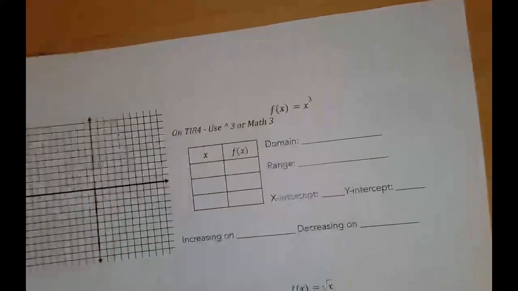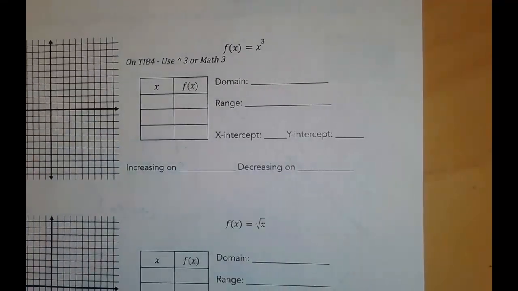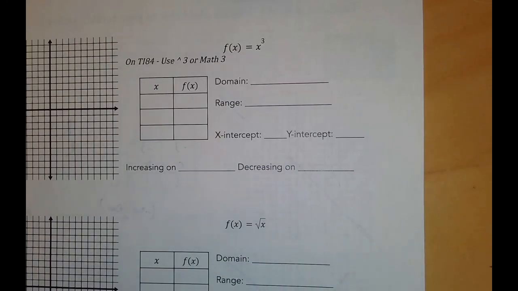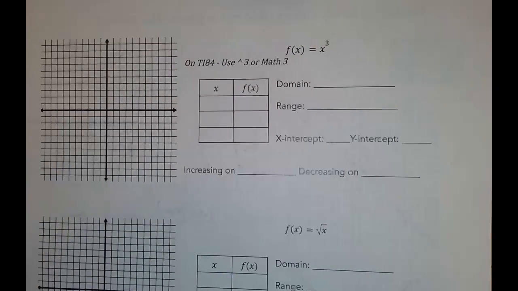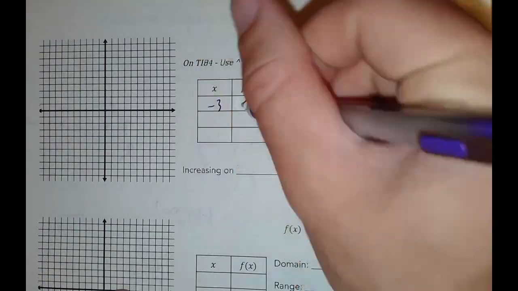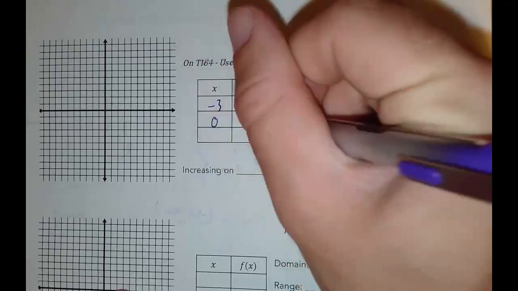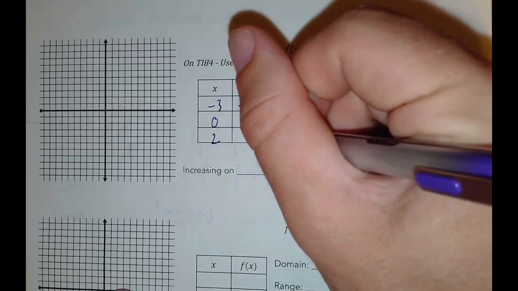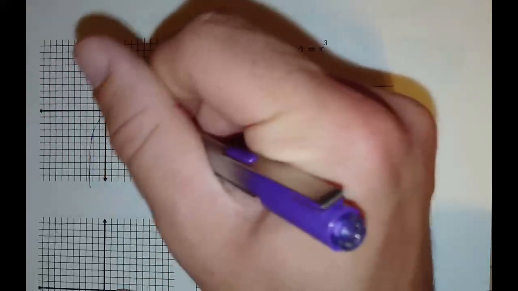Next slide here, we've got a cubed function, cubic. You would plug in a -3 and get -27. A 0 would get you 0. A 2 would get you 8, and you get a function that looks something like this.